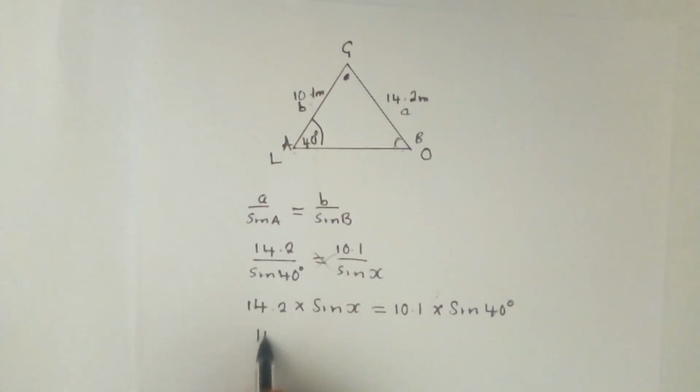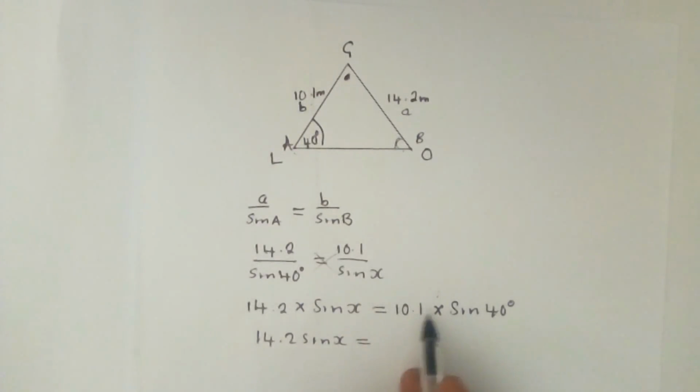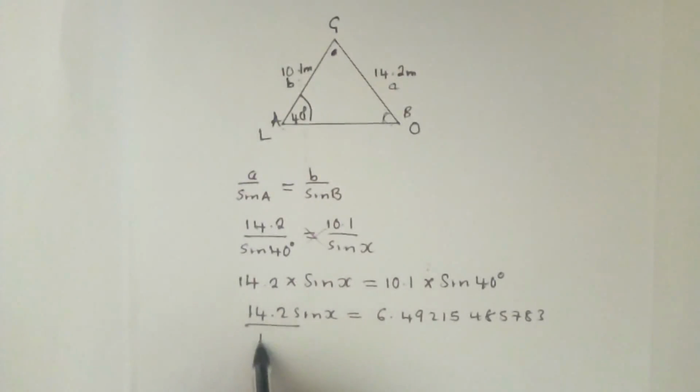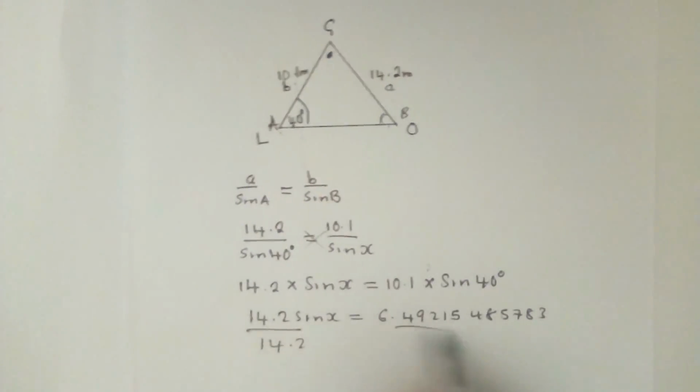This is what we get. And then here we have 14.2 sine x when you multiply these two, and when you multiply this side, we have 6.49215485783. So you write everything. Then here we divide by what is here so that we remain with sine x.